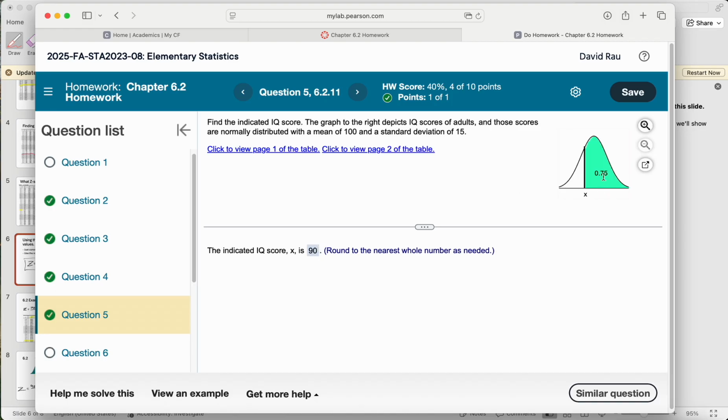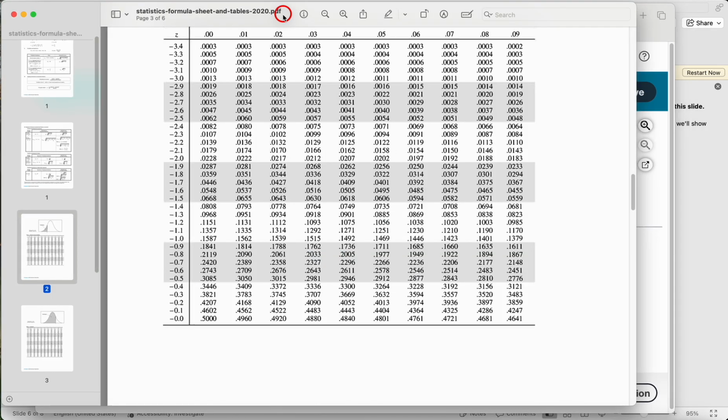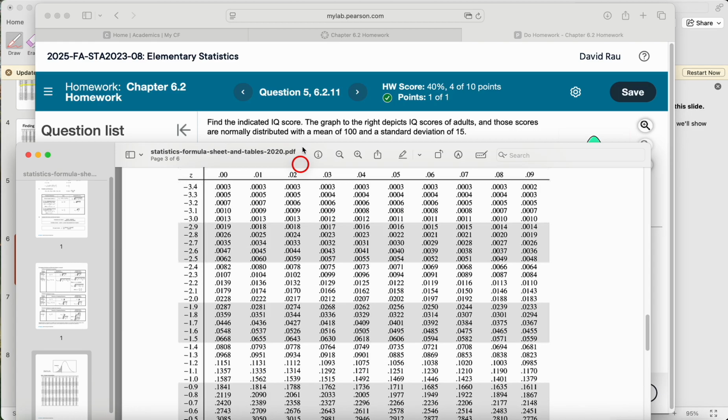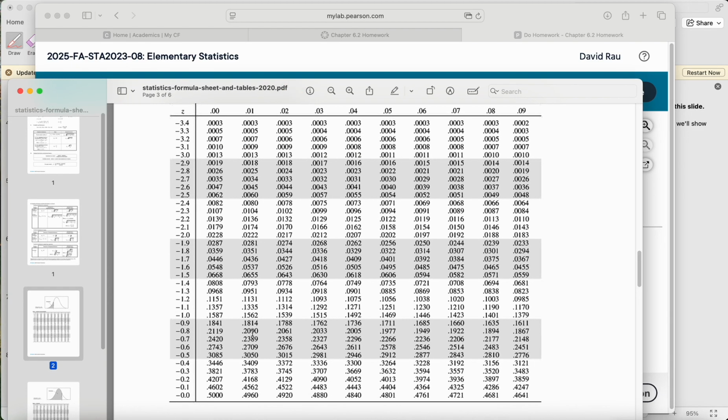Because first you have to find where is a z-score that has 75% area to the right. In fact, I'm almost going to say it and work it out. 75% area to the right, I can't actually solve that, but I can solve for 25% area on the left, and the closest I can get to 25% area on the left is actually right here.